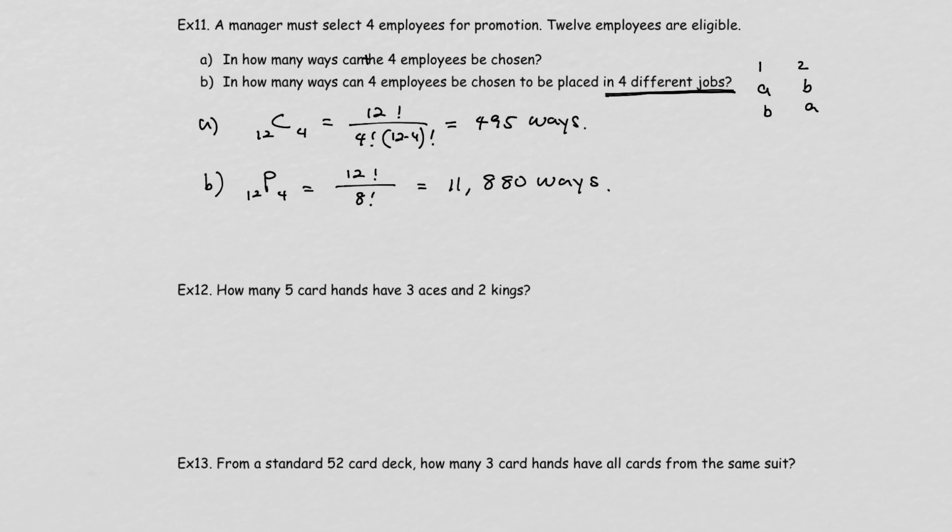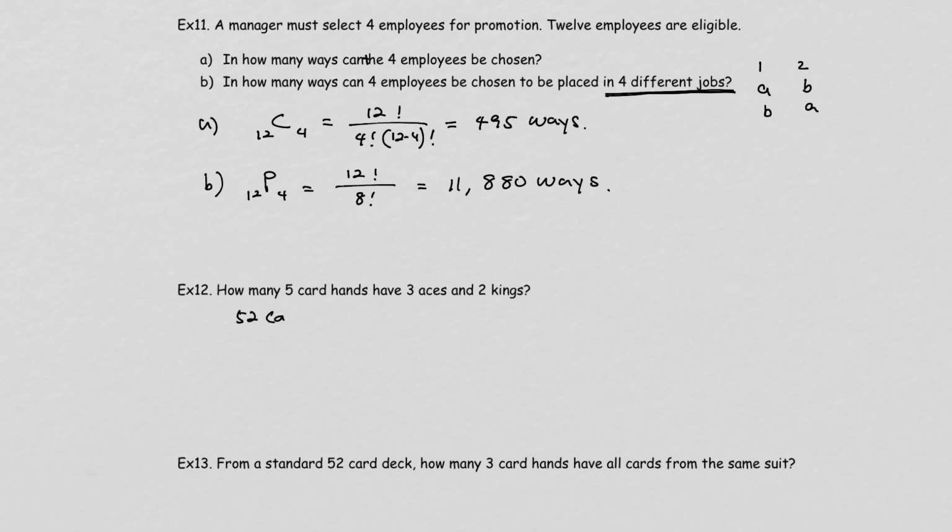What about example 12? How many 5-card hands have 3 aces and 2 kings? First, we need to understand a little bit about the cards. We have 52 cards in one deck, right?